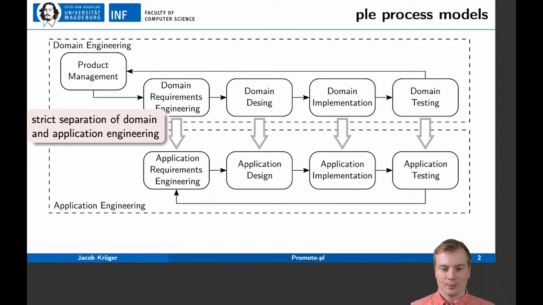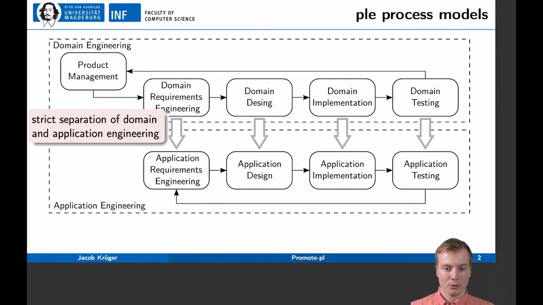current practices. In practice, what we found is that there are mixed teams that do domain and application engineering at the same time, that there are some more distinctions between different teams, but that the overall involvement is a bit more strict. For example, that a feature is defined in an application, is then refined, tested, and then just submitted to the platform.